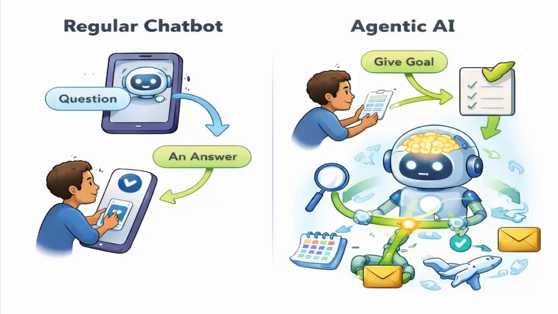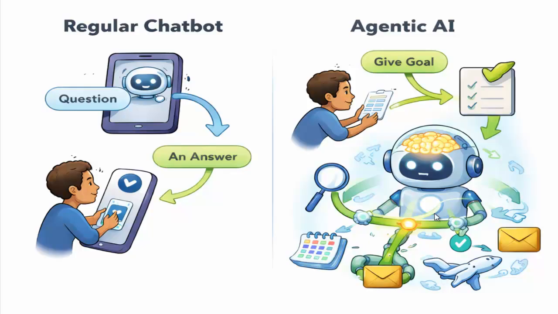Here, the system means the LLM, the brain, and the tools, the hands, working together to achieve that goal. The brain, meaning the LLM, decides what should be done next, and the hands, meaning tools, perform the actions to achieve that goal.